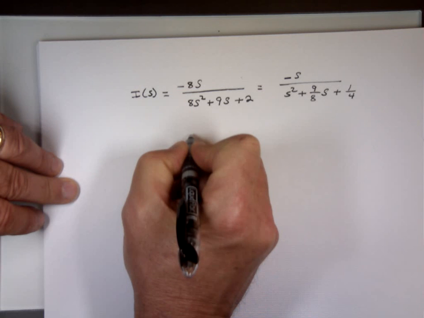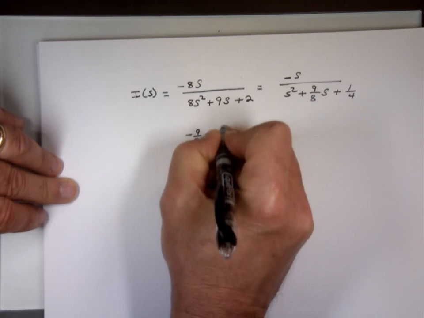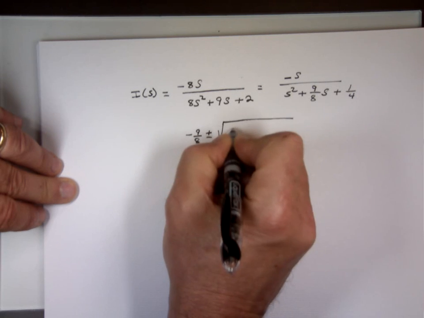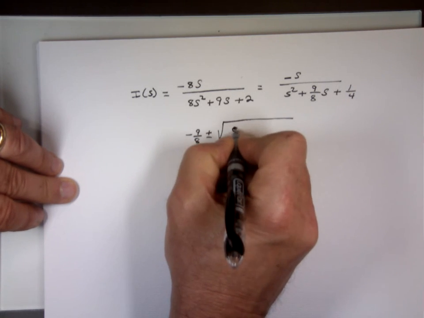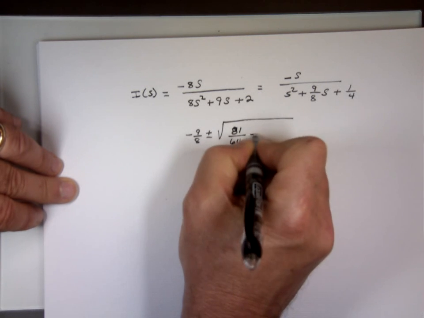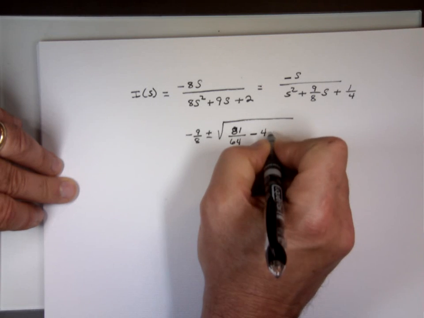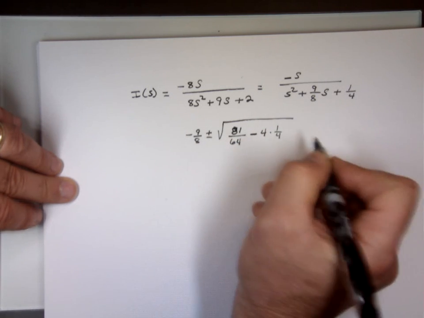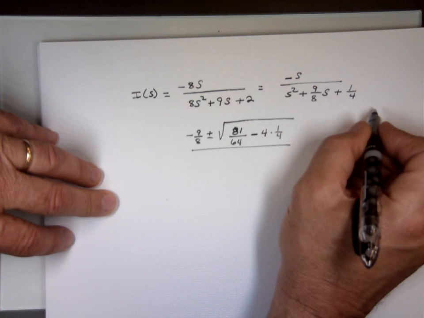Minus 9 over 8 plus or minus the square root of 9 over 8 squared. What's 9 over 8 squared? 9 squared is what, 81? 81, 8 squared is what, 64? Minus 4 times A times C, all divided by what? 2A?